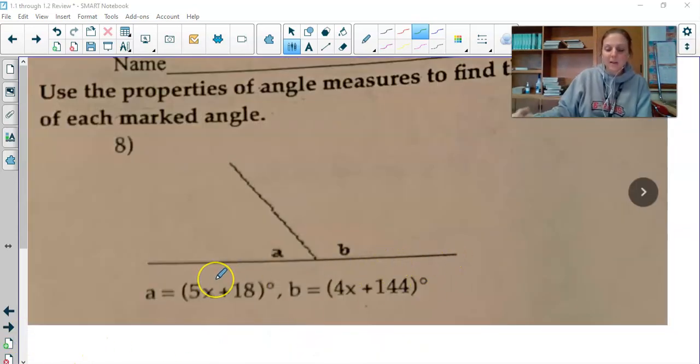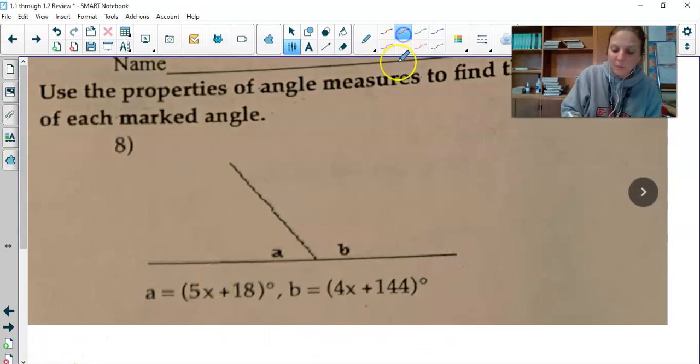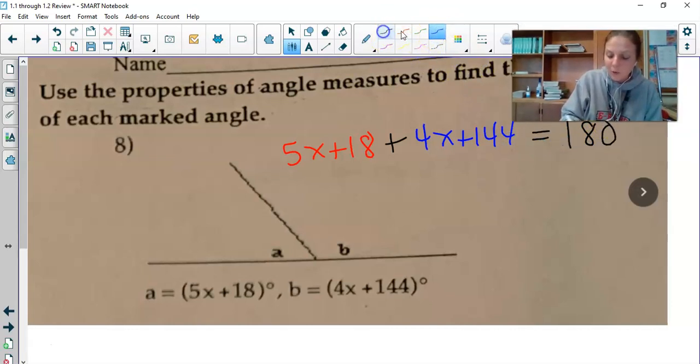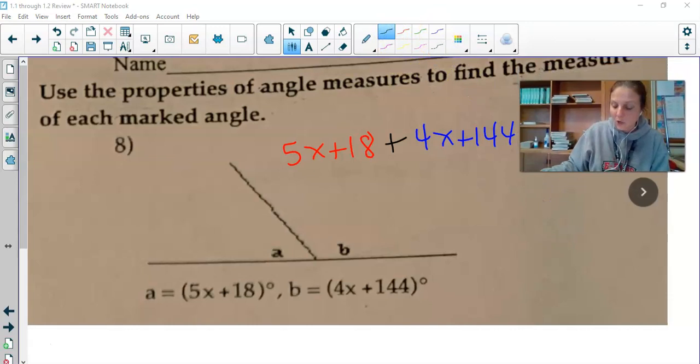So this is a line, so that means we're looking at supplementary angles here. So I can take the 5x plus 18, add that to 4x plus 144, and that's going to equal 180. It's a line. A line adds up to 180. I'm going to go ahead and combine my like terms.